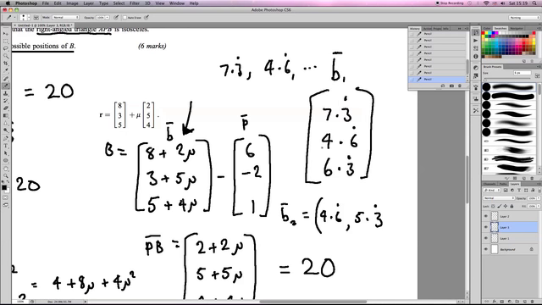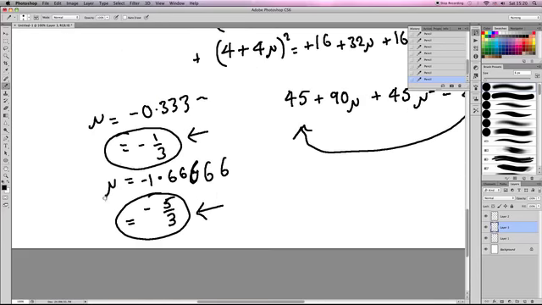Ooh, I've got these two numbers wrong. I know why, because I've been plussing them, which isn't wrong, you do plus 5 mu, but mu is a negative.